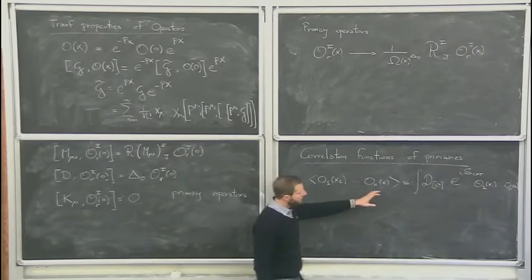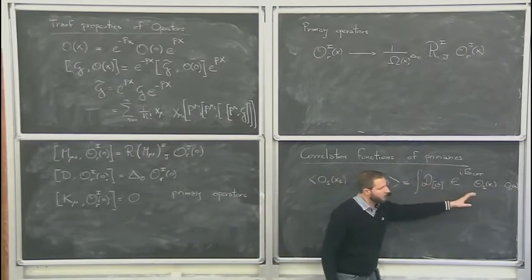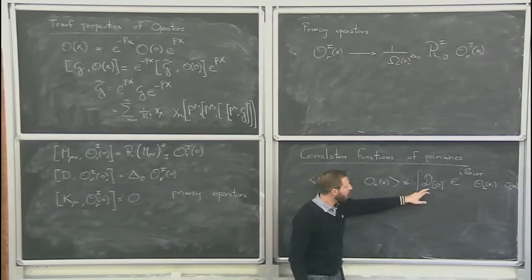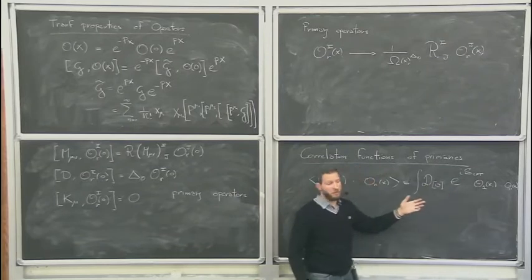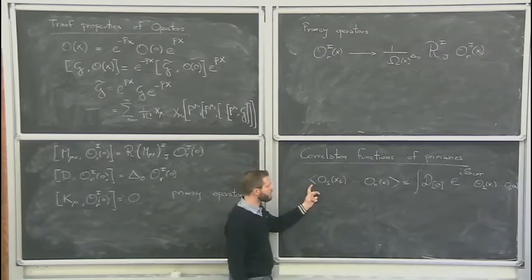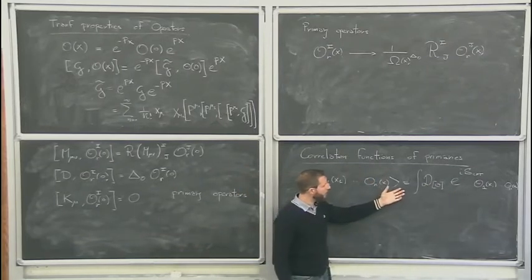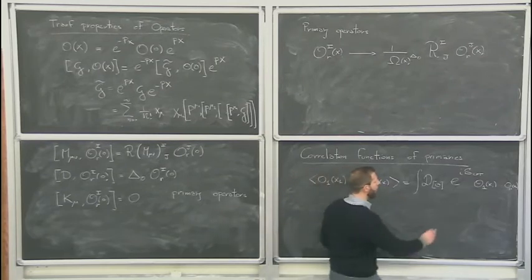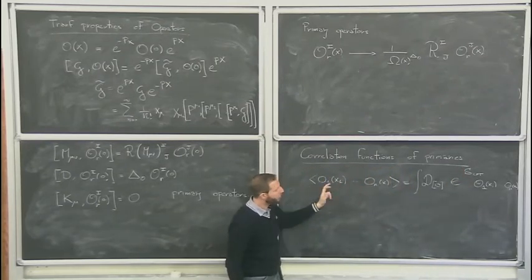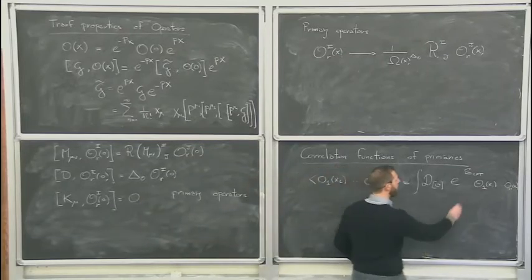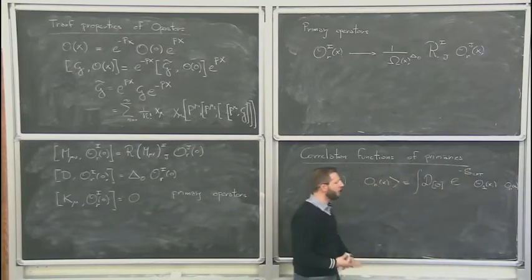And there are several subtleties here that will be dealt with tomorrow. In particular, depending on which quantization you're using, this correlation function corresponds to a time order, or whatever quantization order that you are using.